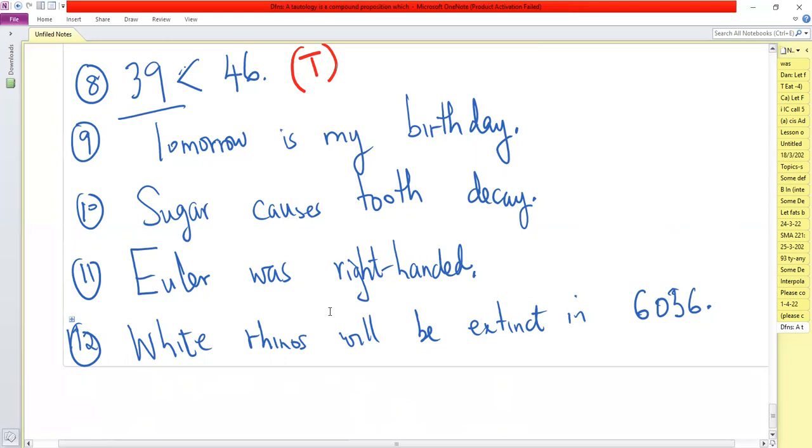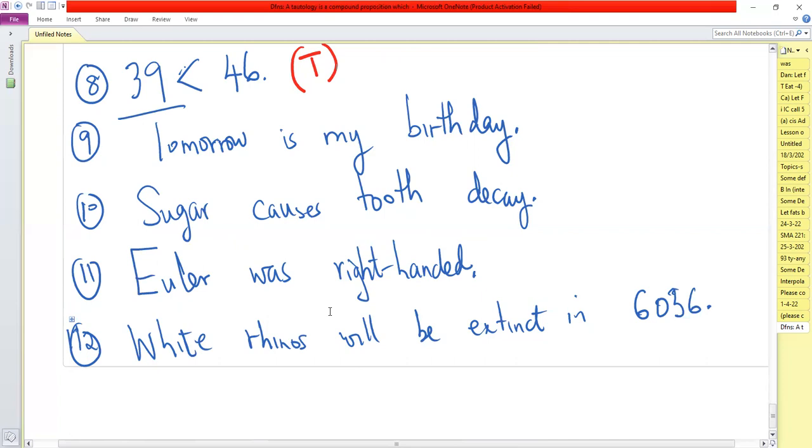So for those who saw Euler, it will be true if he was right-handed, and if he was left-handed, then this will have a truth value of false. The assumption for such sentences is that a person can be either right-handed or left-handed, but not both. So we remove those ambiguities or abnormalities.